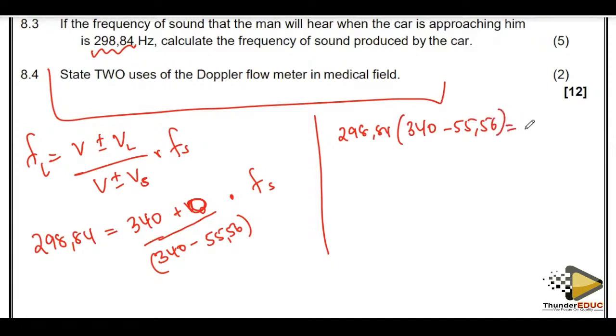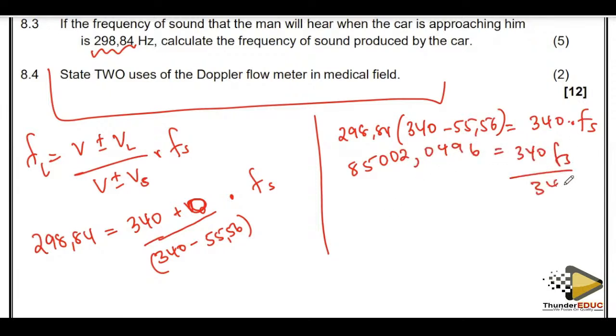Is equal to 340 times the frequency of the source. When I work that out, 298.84 times (340 minus 55.56) gives me 85002.0496, which is equal to 340 fS.